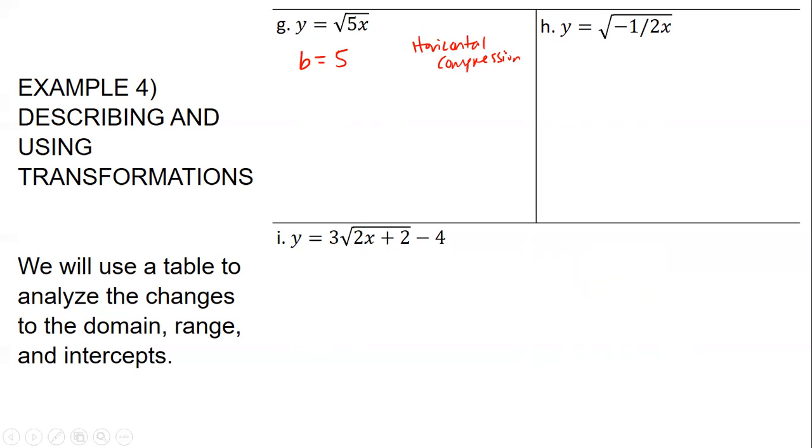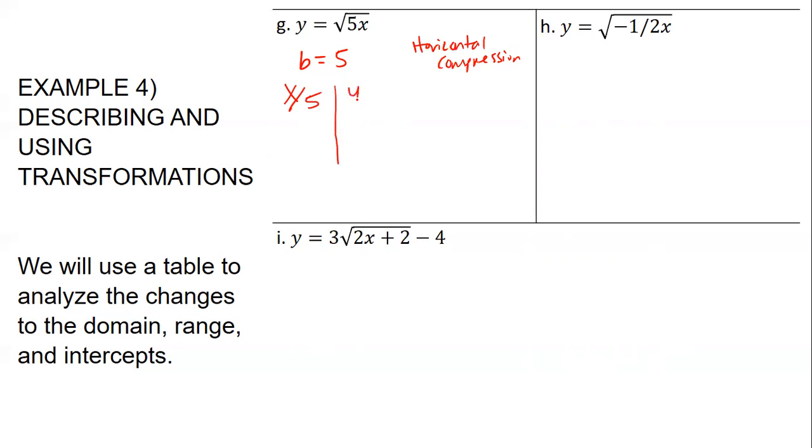We have a horizontal compression by 5. Since we're compressing something, we're dividing it. And so even though it looks like multiplication, remember how we said our x's are liars? We're actually dividing each x value by 5. It doesn't look very pretty, and we're just going to quickly do it. So we have our x's, and we're dividing each one by 5.